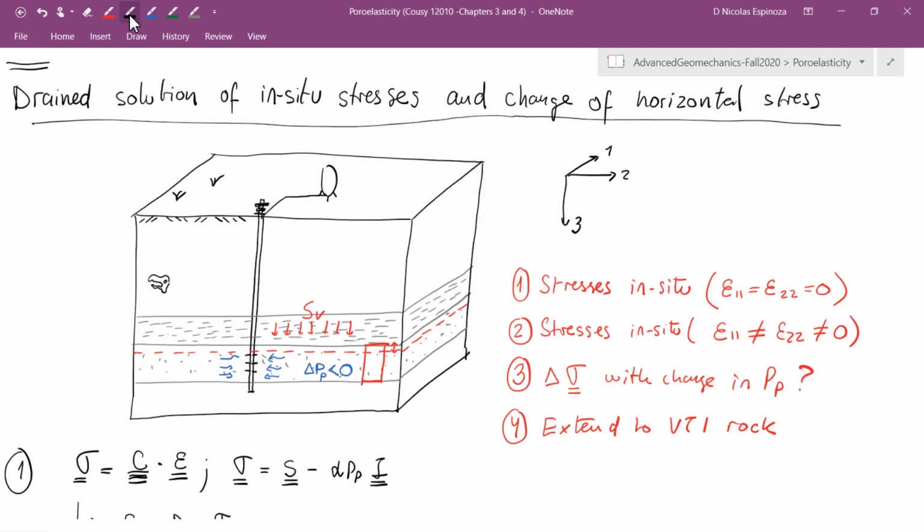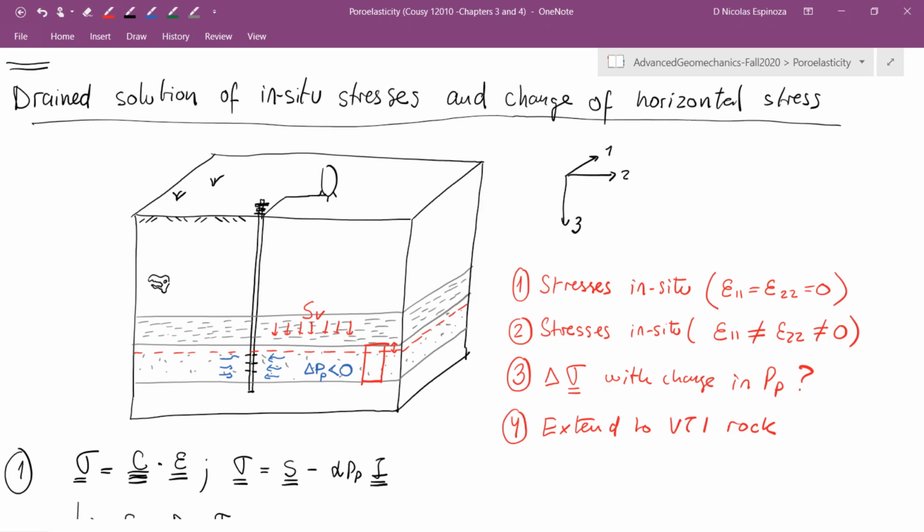Well, there is no straightforward answer to that, and that's why we're going to need to use our theory to predict that. So let me hold on this example or on this plot right now, and I'll come back with the consequences of depletion. So what we're going to do is change the pore pressure, and our objective is going to be to derive the change of horizontal stress.